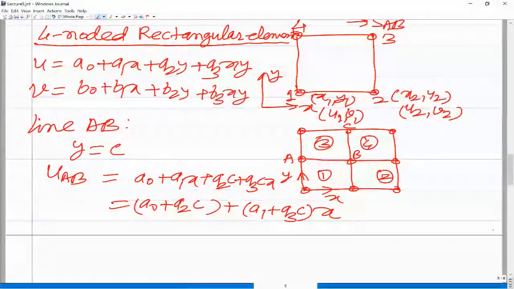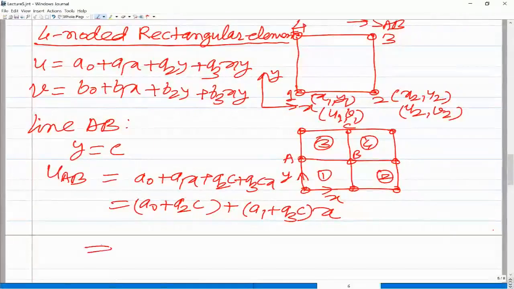Similarly at B. So the variation of u along AB is linear in x, similarly variation of v along AB would be linear in x, and at A and B already the values of u and v are common for both the elements. So we will again get a unique variation. So we will have same values of u and v along AB whether calculated from element 1 or element 3. So you can say that this element is also compatible.